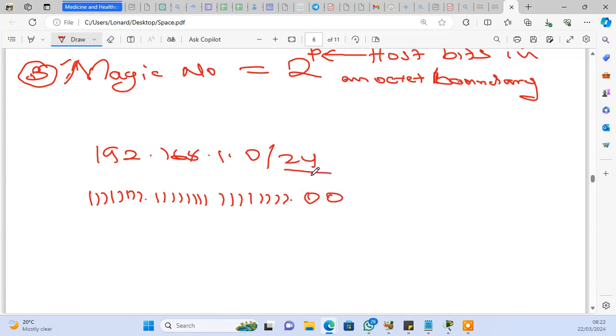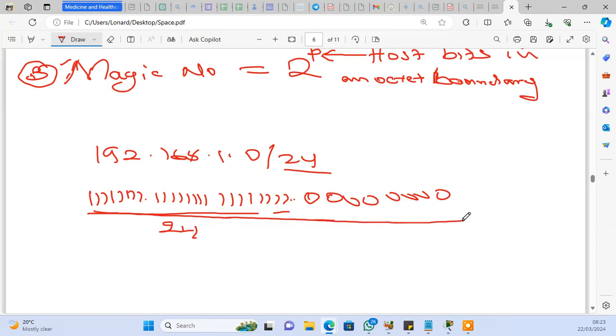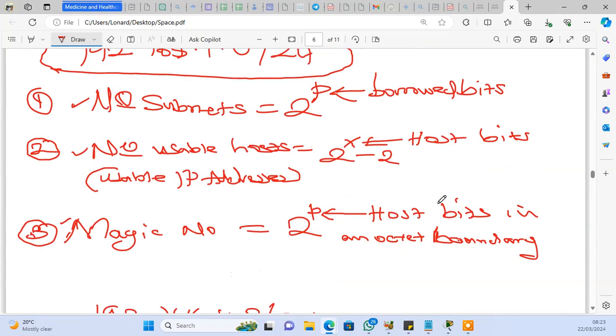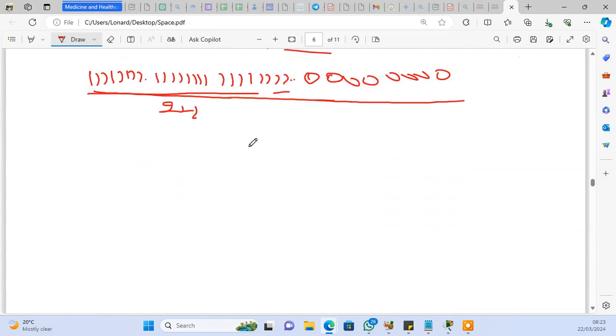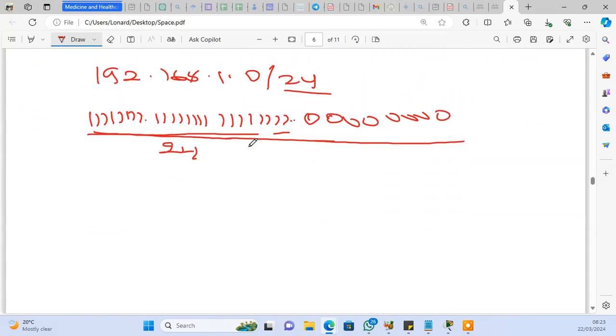This 24 here is equivalent to these ones, the total number of network bits in a subnet mask. So these ones total 24, and then this is 8. We're going to use this binary number to substitute into these three formulas.